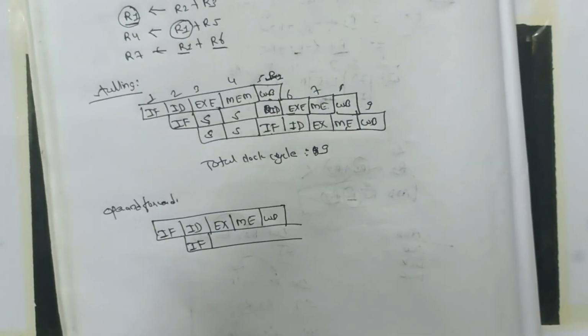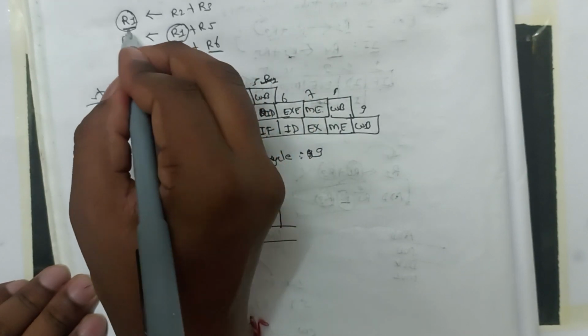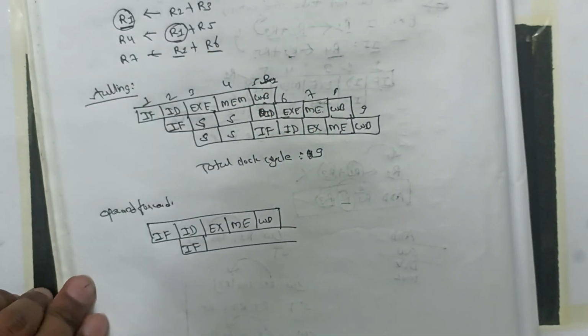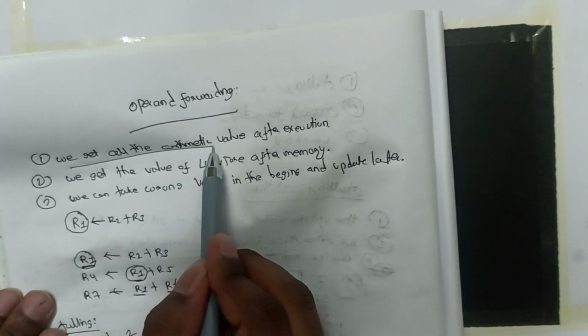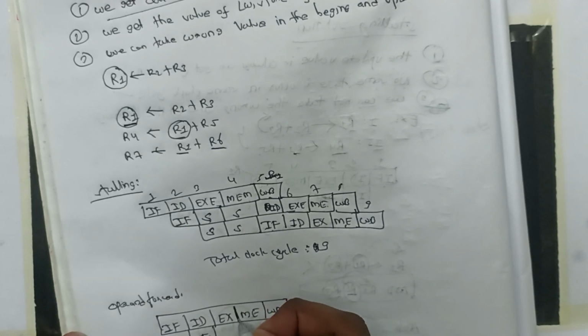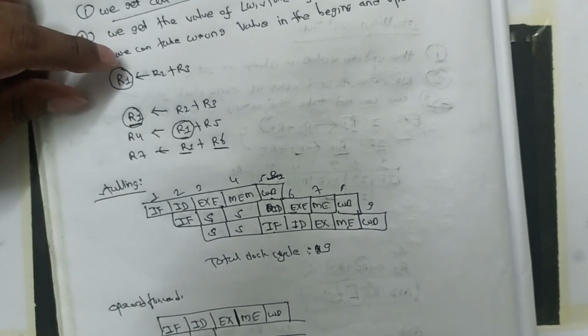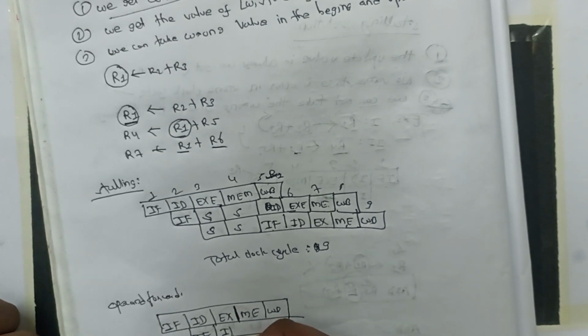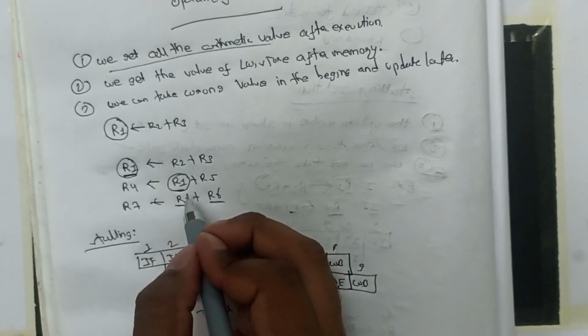See how we can solve this. IF, this R1 is stored and updated here. I told you in operand forwarding we get all the automatic values after execution. It means after the third clock cycle, I will get my updated value of R1. And I also said that first we can take the wrong value. If I take ID here, it means I am taking the wrong value of R1.